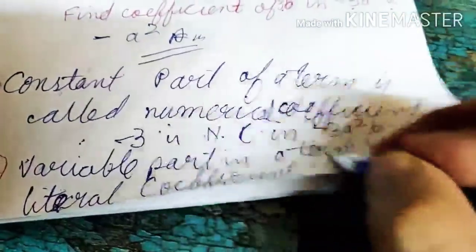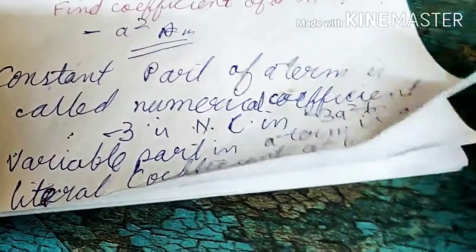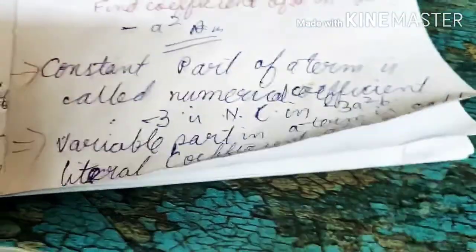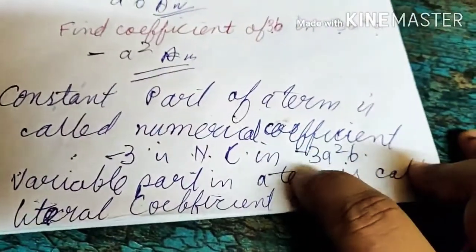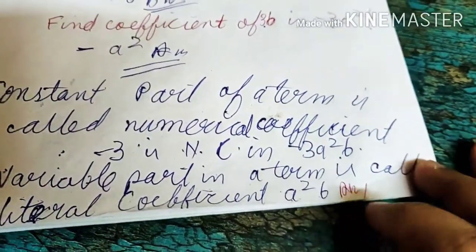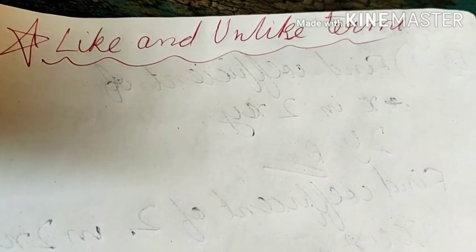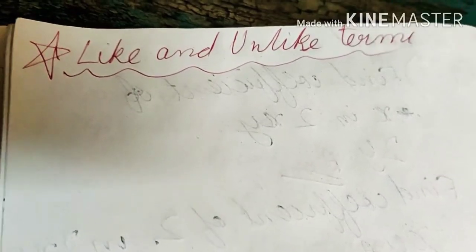Here it is a square b. Okay, and in the minus 3a square b, a square b is the literal coefficient and minus 3 is the numeric coefficient. So next topic here is like and unlike terms.